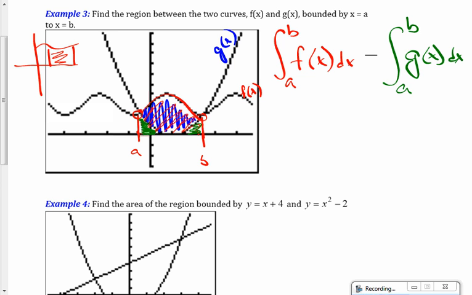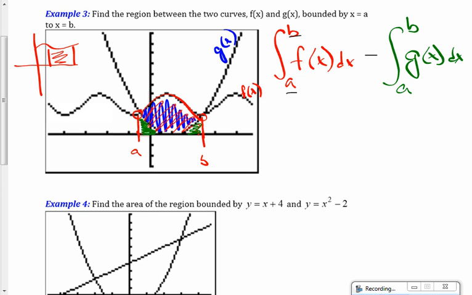Is there a property of integrals that allows us to make that expression simpler? A couple of nods. What is it? What can I do? Put them together as one integral. Why can I do this in this case? They're both from a to b.